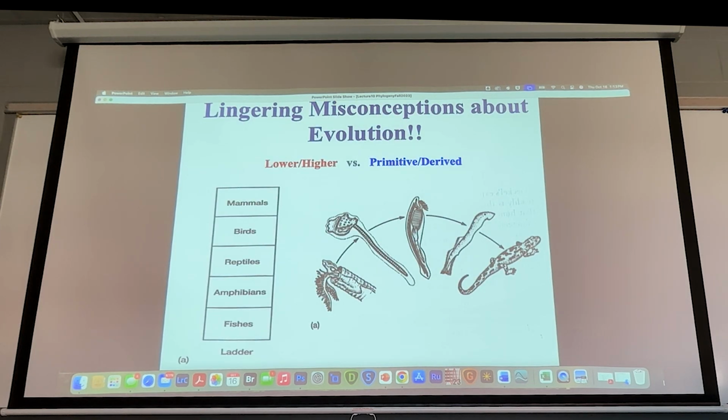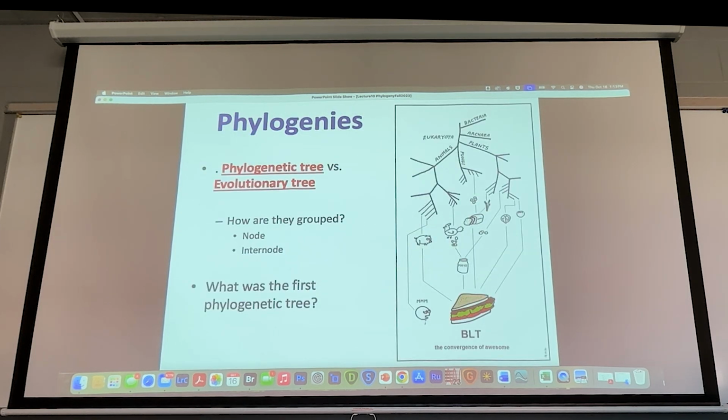Let's go back to this slide here. So here's a make-believe tree to get your sandwich at the end, right? But we're going to talk about nodes, or the branch point. Here's an example of a node right here where my pointer is. And then the branches, or the internodes, are the lines.